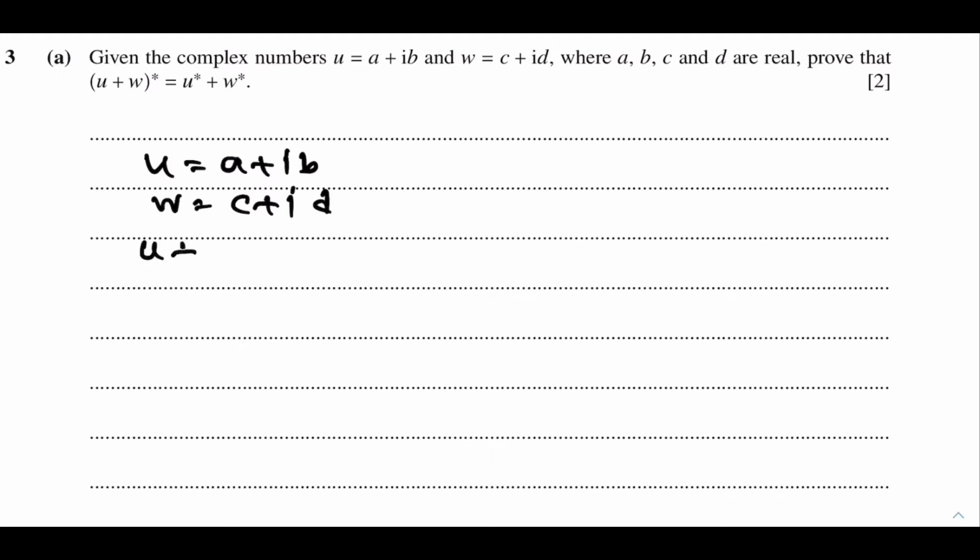So u plus w equals a plus c plus i times b plus d.